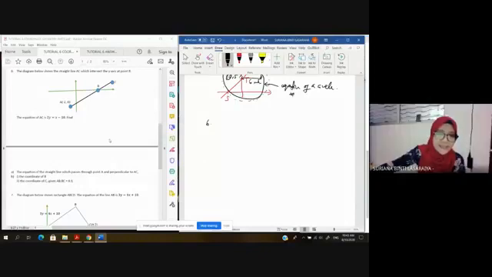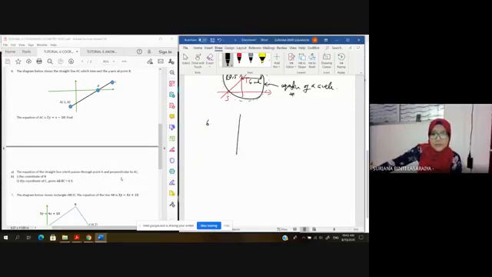Ya, x-axis ni. Sepatutnya sini x-axis ya at point B. See the graph? B itu dekat paksi x. Equation of AC is 2y equals to x minus 10. Find the equation of the straight line which passes through point A and it is perpendicular to AC.